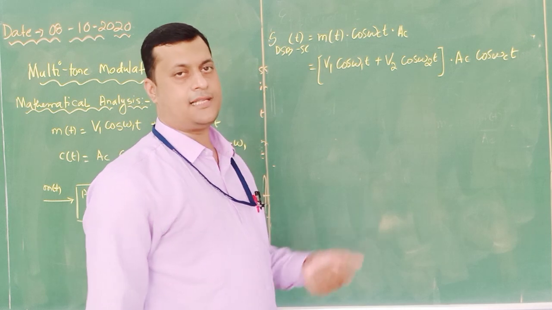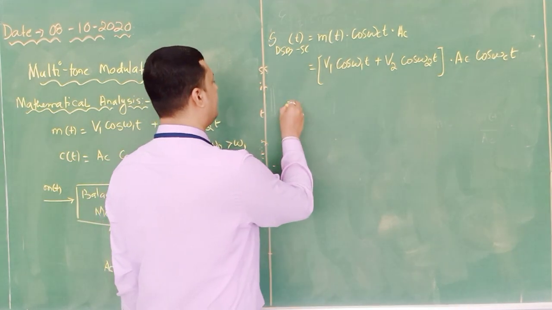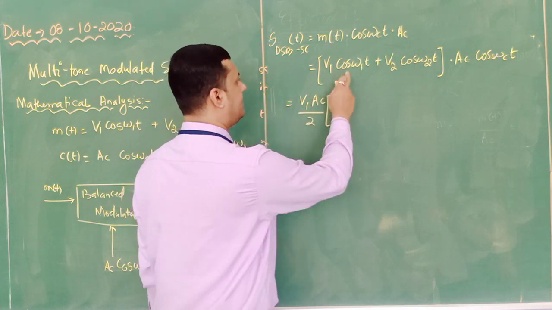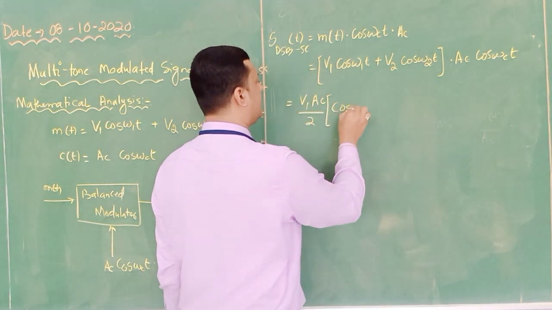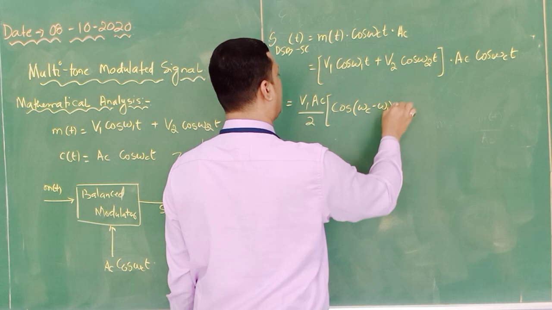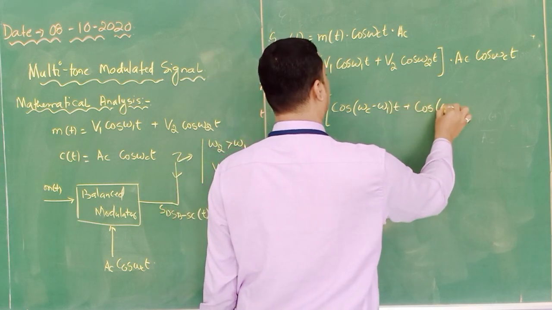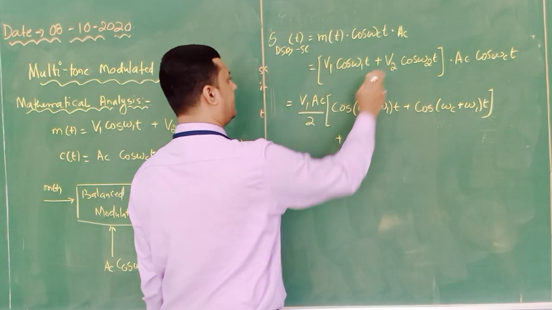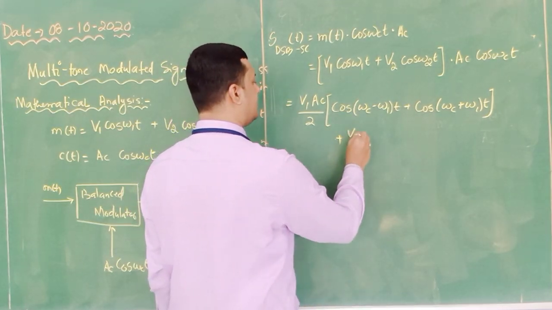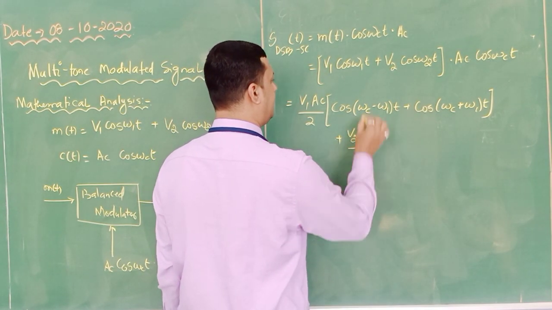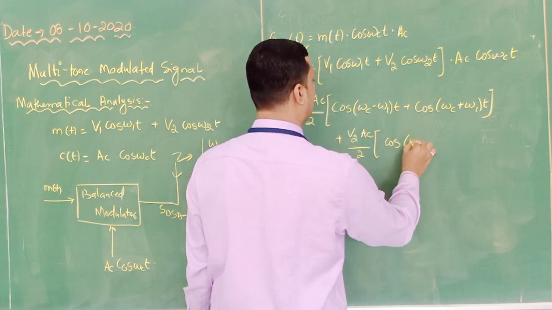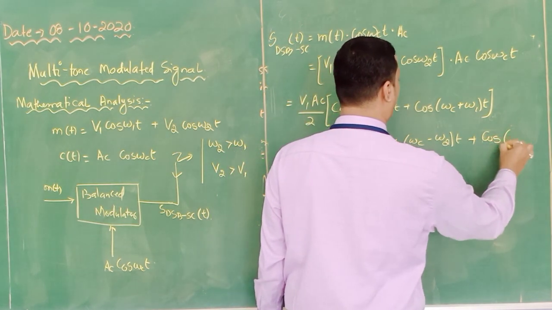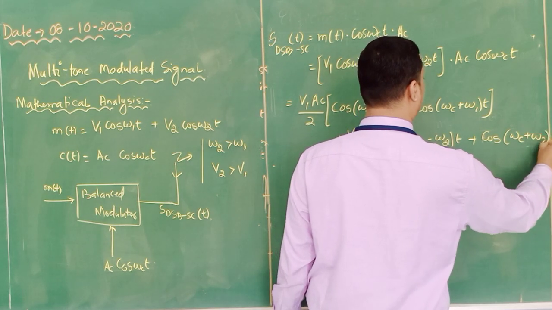You will get two upper sideband and two lower sideband signals. So first V1 AC divided by 2, first I will expand this component with this. We will get cos (omega c minus omega 1)t plus cos (omega c plus omega 1)t, plus again with respect to the second frequency component. So it is V2 AC divided by 2 cos (omega c minus omega 2)t plus cos (omega c plus omega 2)t.